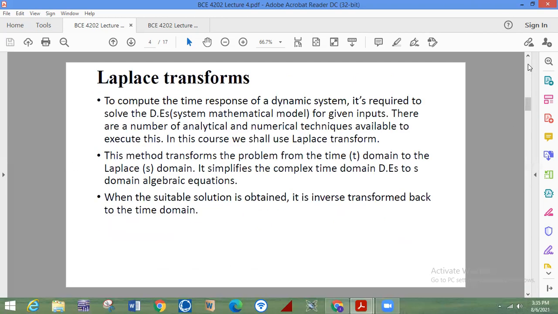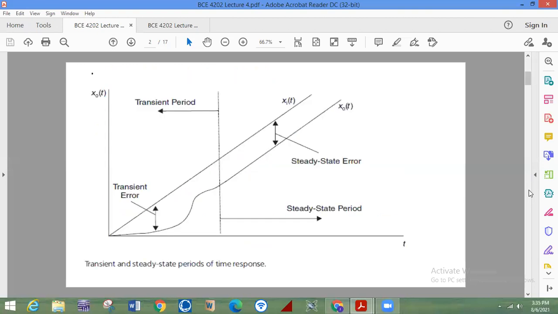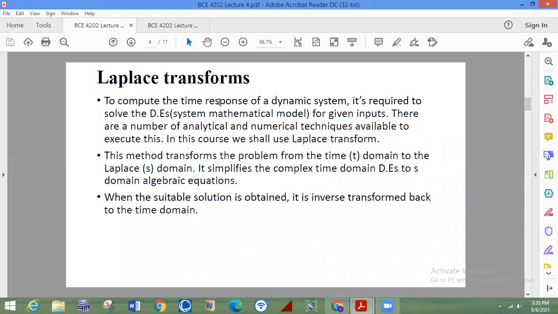Okay, we are generally looking at time domain analysis, and we've looked at a few definitions that we shall meet. At this point, we shall talk about Laplace transforms. This should be very familiar to us at this point.